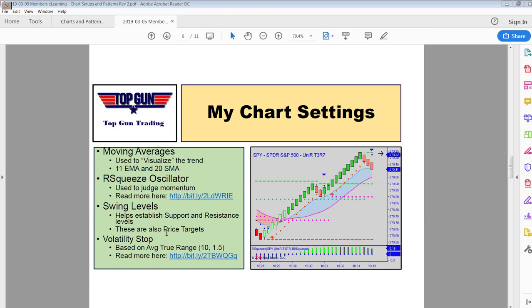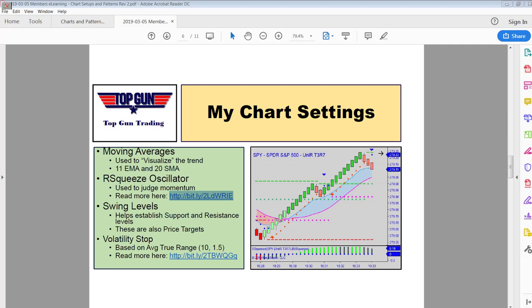Okay. If you want to read more about the R squeeze, go to this URL. It will really talk to you more about the gentleman who, I guess, popularized it. I'm not going to say that he actually invented this, because I know that he didn't.